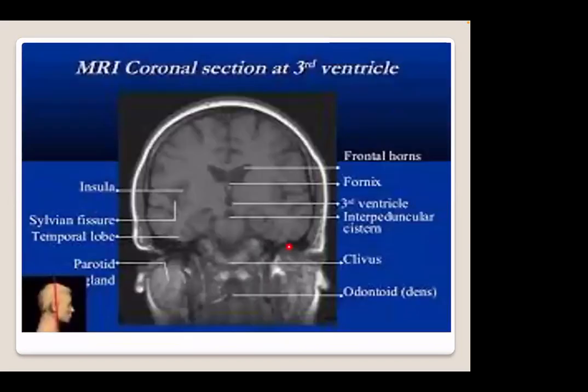Coronal section at the third ventricle, showing the frontal horn of the lateral ventricle, fornix, and the third ventricle, interpeduncular cistern, and the clivus, and the odontoid process inferiorly.